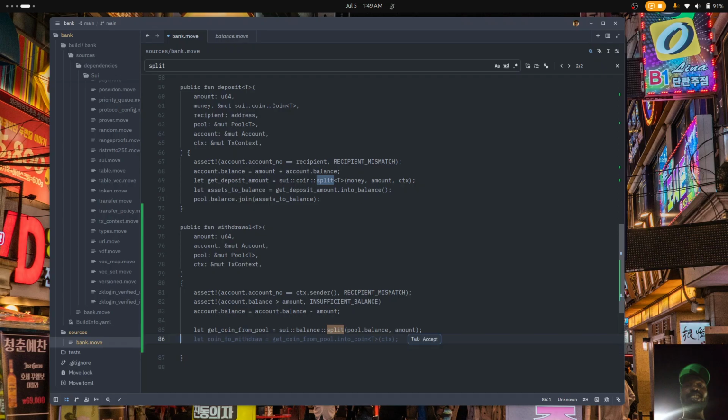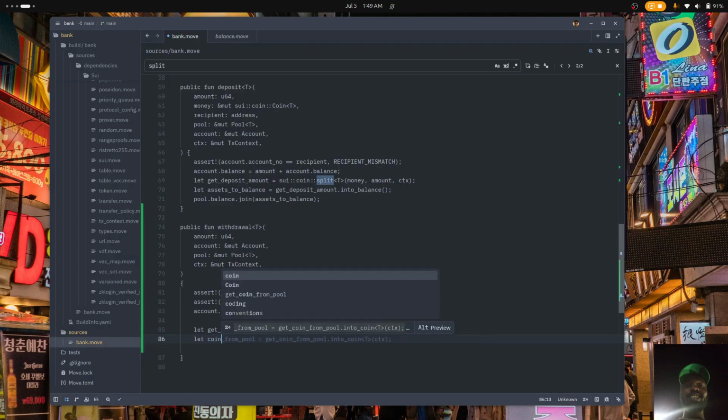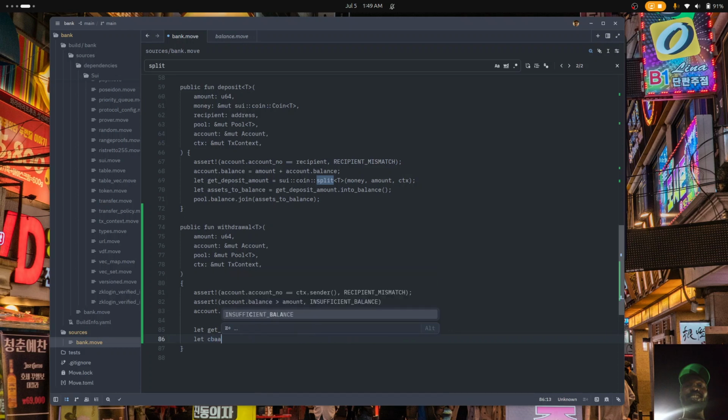So we have to convert the balance to a coin.